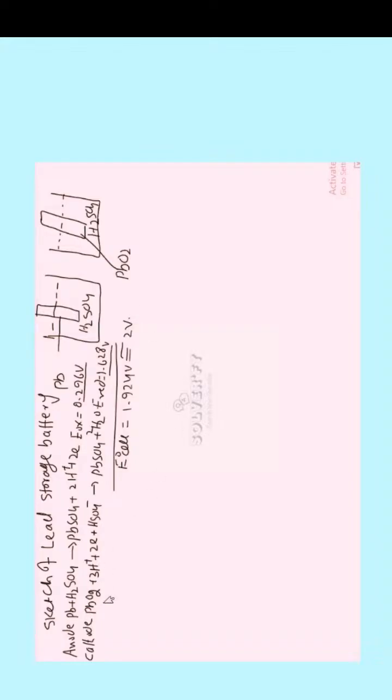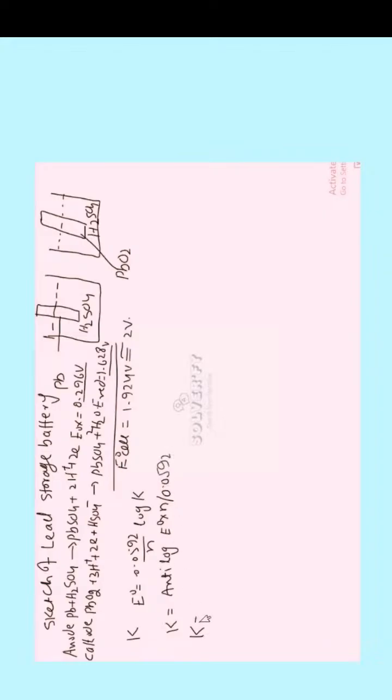Now to calculate the equilibrium constant K for this cell, as we know the equation that E naught is equal to 0.0592 divided by n log of K, or K is equal to antilog of E naught n divided by 0.0592.